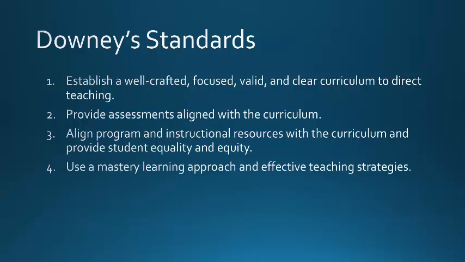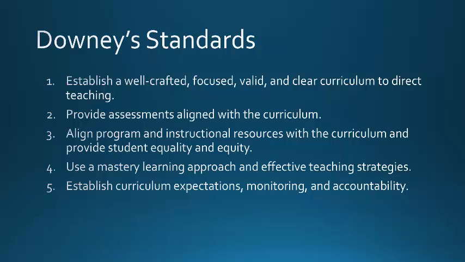Standard 4 uses a mastery learning approach and effective teaching strategies. This obviously is addressing the taught curriculum, and going to that mastery learning approach is an important thing here. Standard 5 would be to establish curriculum expectations, monitoring, and accountability. So this really is moving more into the realm of that building level leader, the principal, and what your role as that principal will be if you have this well-established curriculum.